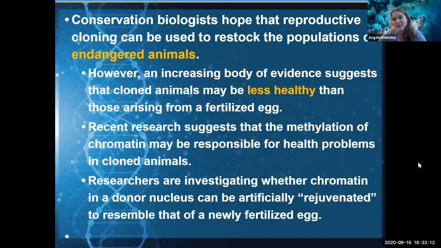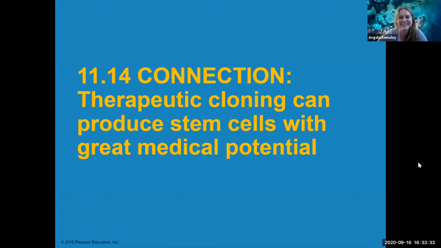Then we also have projects like the San Diego Zoo that are working on a more advanced version of this, to actually include the genetic information of two individuals. So essentially they're going to be artificially creating a fertilized egg, which would be even better. So fingers crossed, let's all hope that it works.